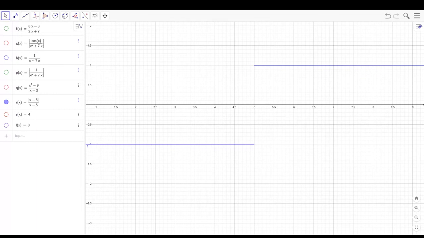Okay. What is the limit as we approach 5 from the left? -1. Exactly. Thank you. And what is the limit as we approach 5 from the right? +1. So does the limit exist?